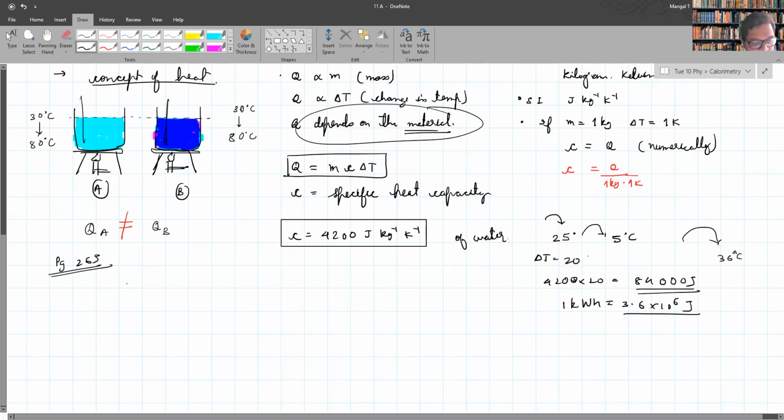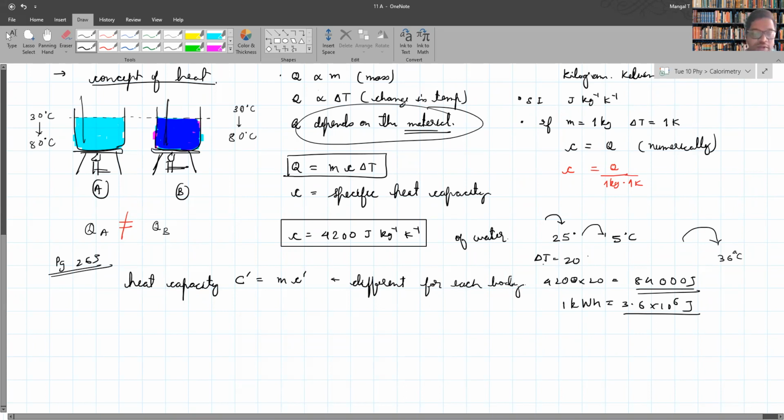Now we will introduce another term called heat capacity. Heat capacity is a capital C prime, and that is equal to mass into specific heat capacity. Obviously it will be different for each body.